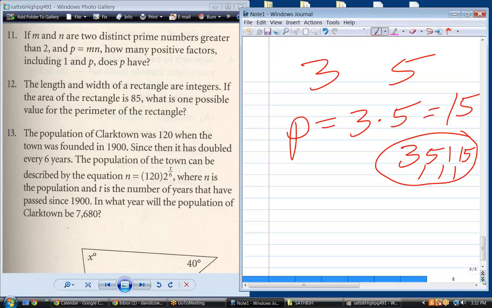But the biggest change is there's going to be a no calculator section on it. Which is really new. As far as I can remember, you've been able to use a calculator on SAT.